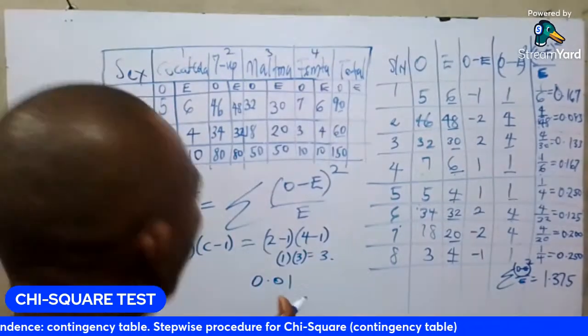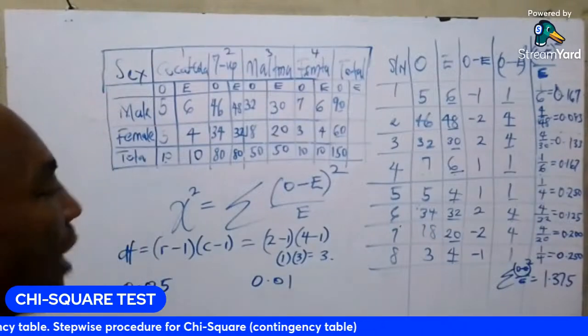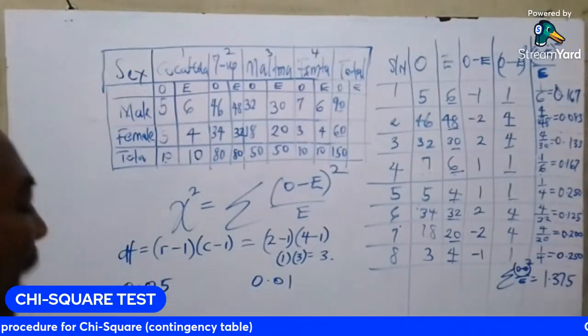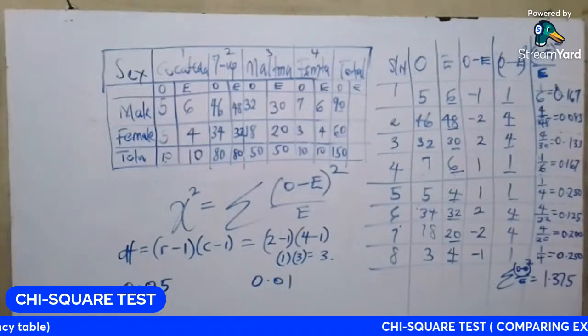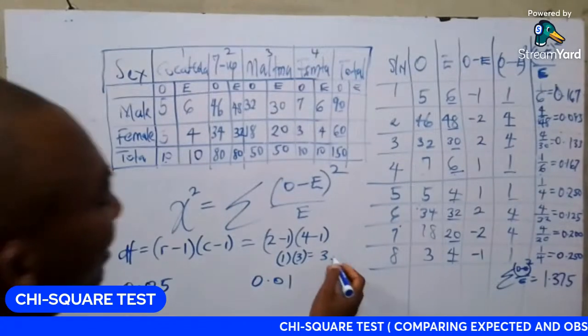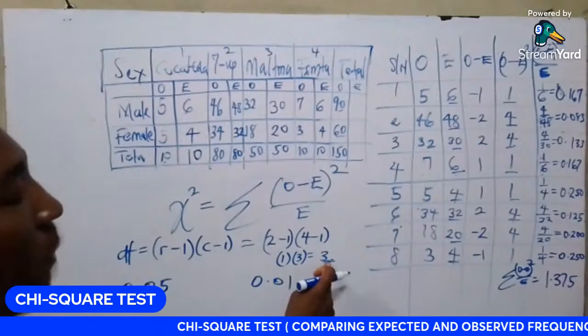So now, when you go into your calculated value, you are checking 0.05. For 0.05 under 3, because your degree of freedom is 3.